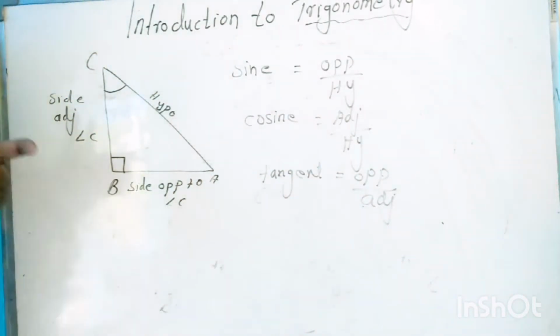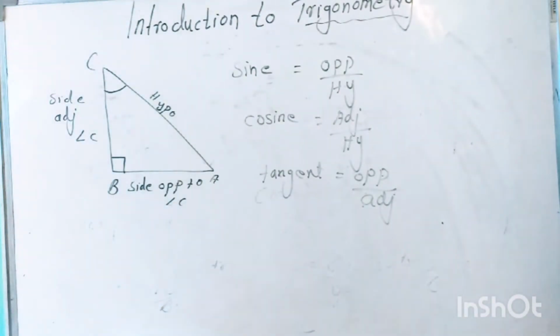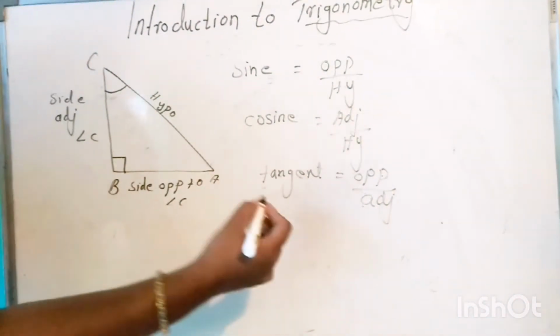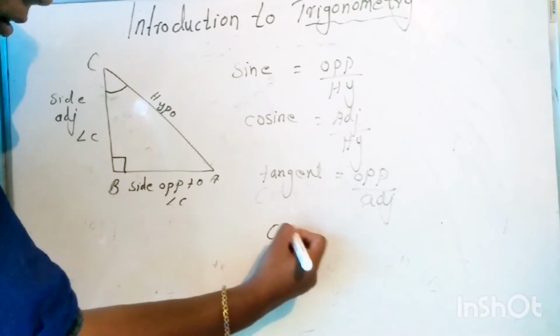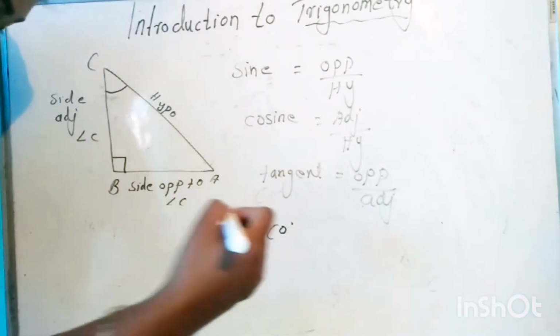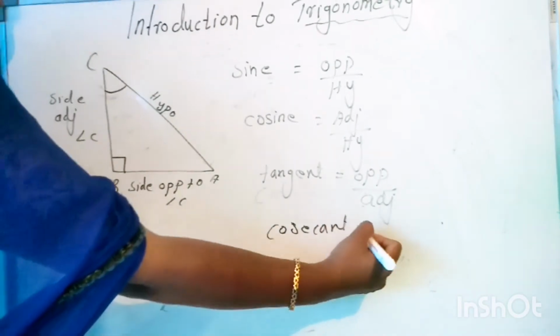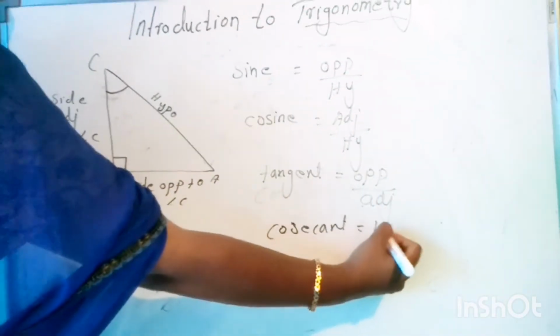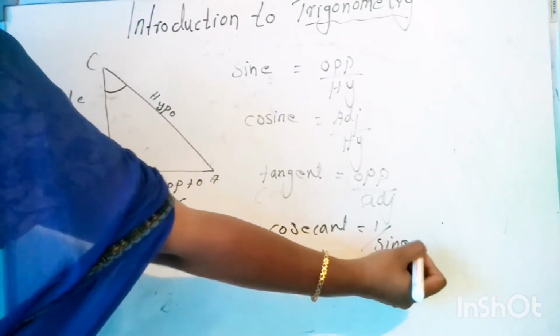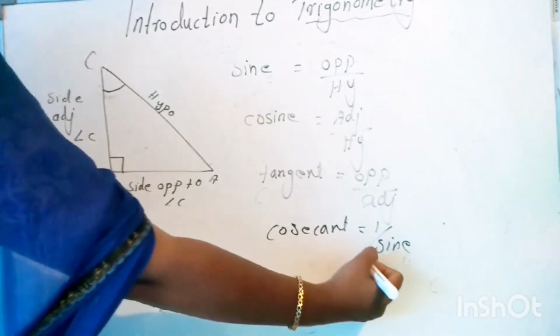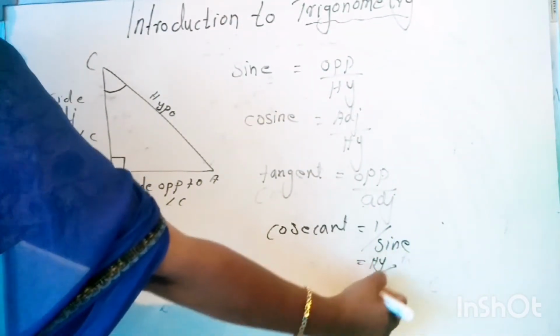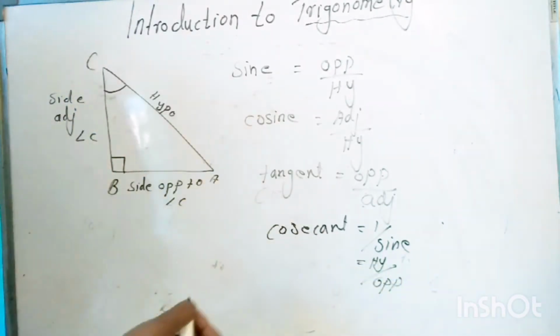The fourth one is cosecant, the reciprocal of sine, 1 by sine, which is hypotenuse divided by opposite side.